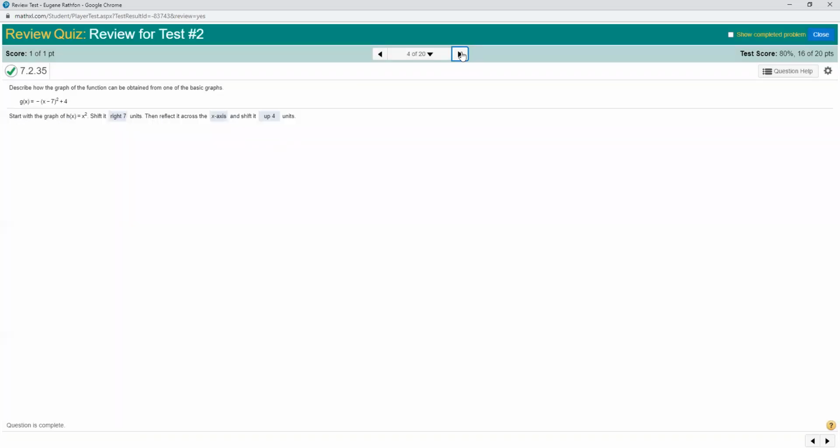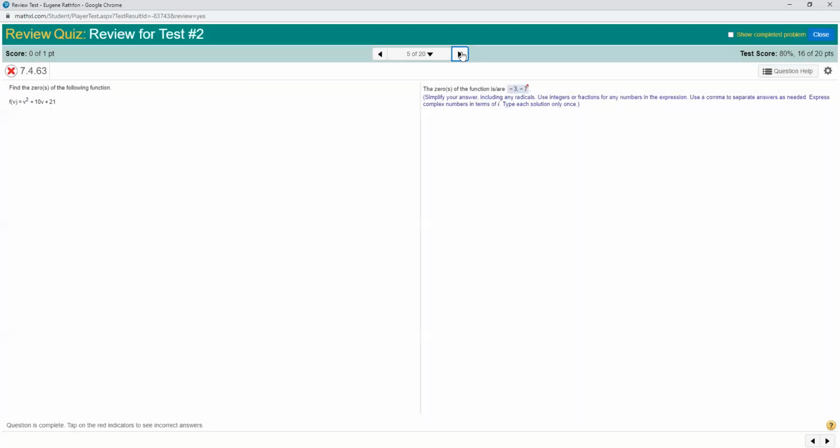Let me go through this, because I don't think you had to put any squares in.